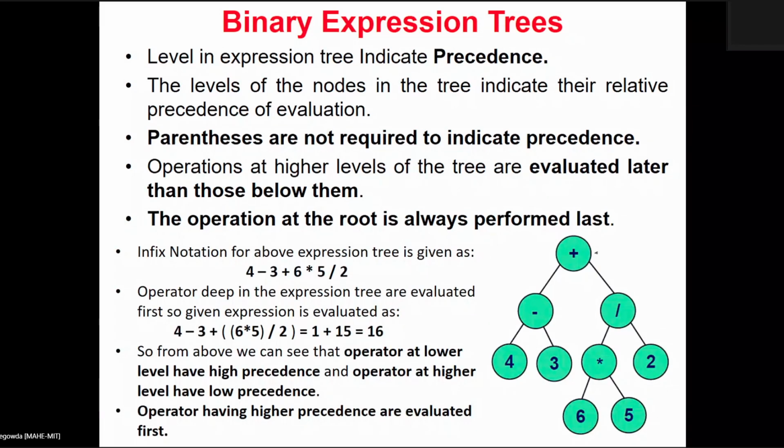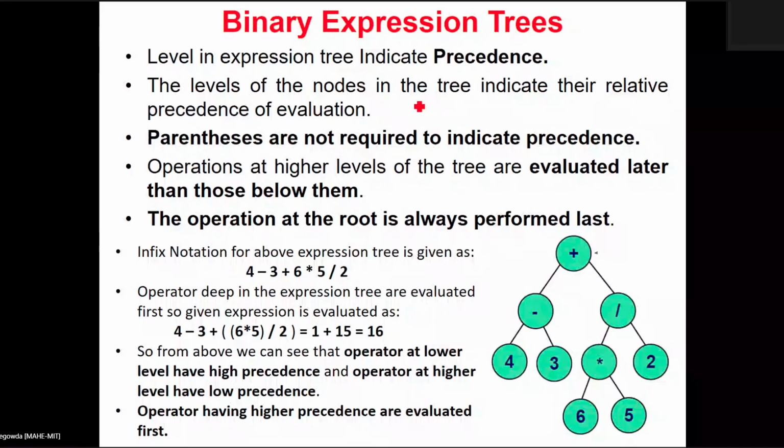So how do you decide the precedence order in the case of binary expression trees? Even if you are not using parentheses to represent the order of evaluation, here we make levels in the binary trees. These levels indicate the precedence of the operations.